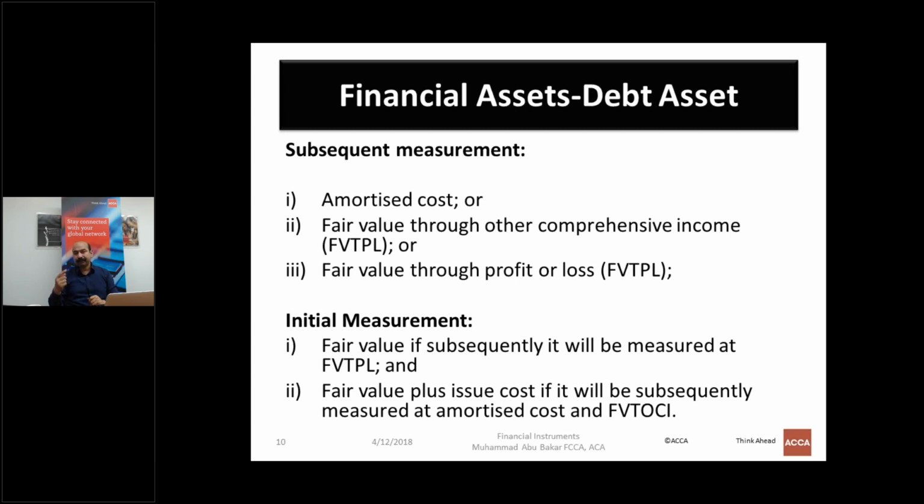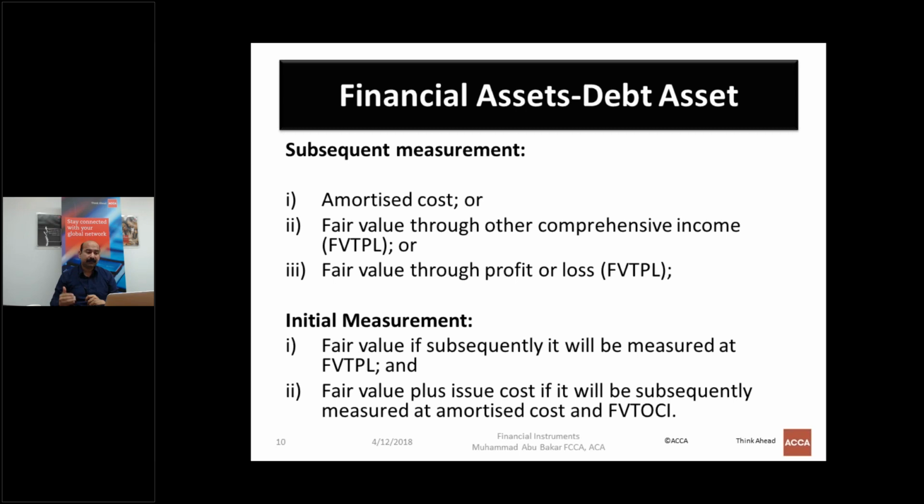One exception: if the consideration is other than a financial asset, then the fair value at initial recognition will be determined using the criteria given in IFRS 13.